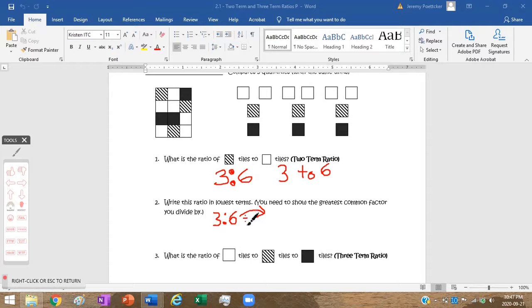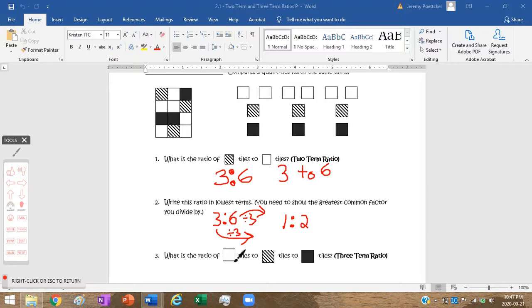Just going to record that we are dividing by 3. Okay, so we're dividing both of them by the greatest common factor. 3 divided by 3 is 1, 6 divided by 3 is 2, so this becomes a 1 to 2 ratio.